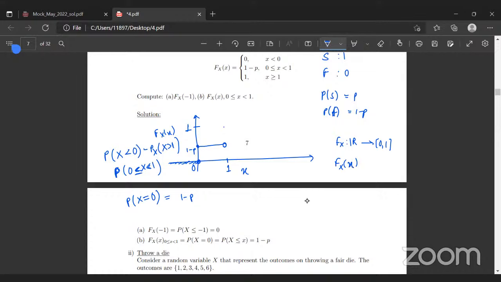Now, if you find Fx of 1, how will you write this? It is the probability that x is less than or equal to 1.